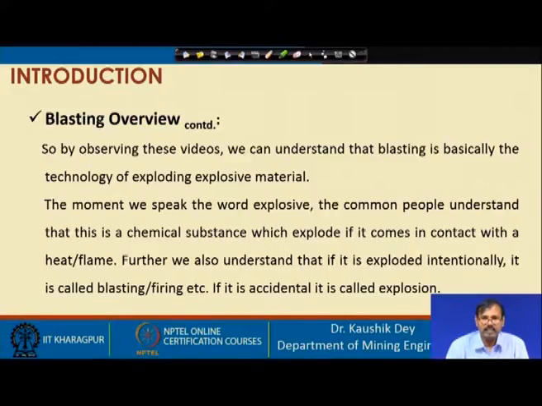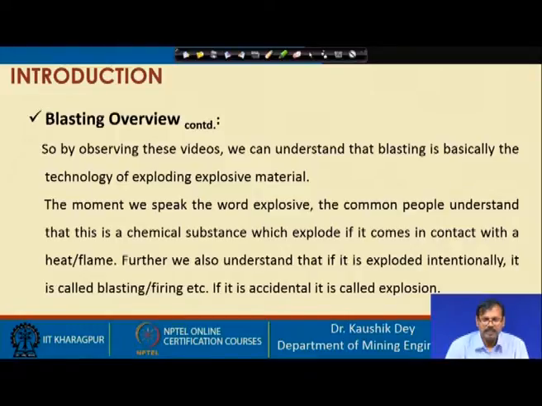If it occurs accidentally, meaning the chemical explodes not by our intention, that is called an explosion. Often you have heard that an oil tanker going on the street explodes because some stimulus or fire comes into contact with the oil. That is unintentional, which is why it is called an explosion. If it is done intentionally, then it is called blasting.